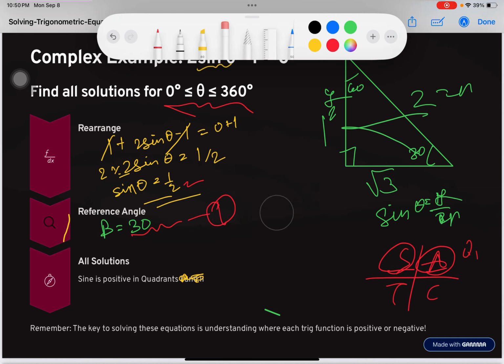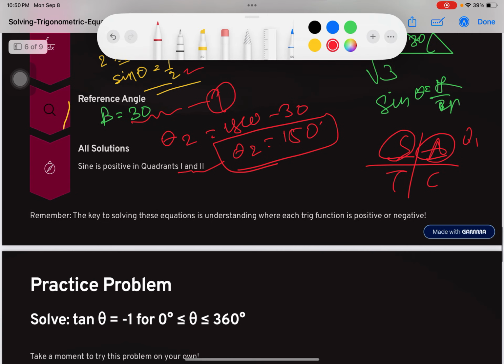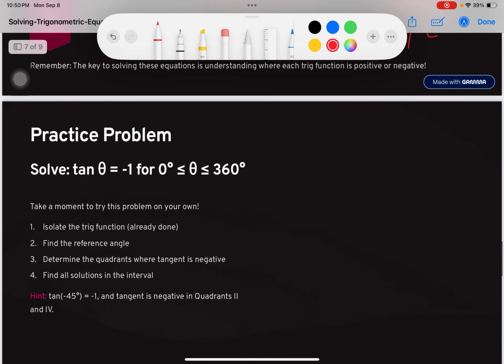And for the second, as we did before, in quadrant 2 it's 180 minus 30, which is 150. That's our second answer.